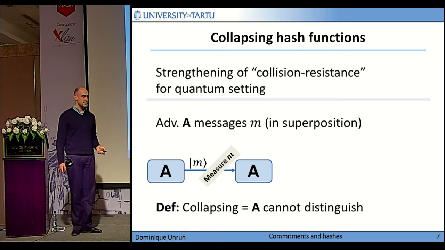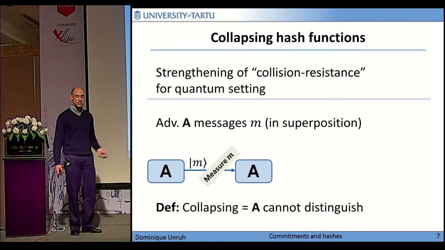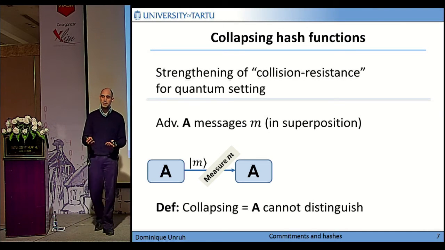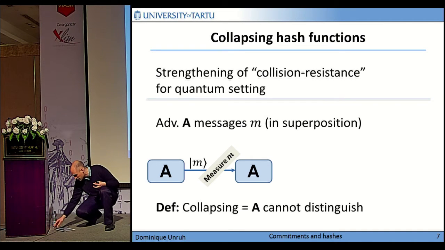So quantum mechanics tells us that if the adversary produces a bunch of messages and we measure them, what we give him back is not a superposition of messages, but a randomly chosen one out of the messages that were in this superposition.